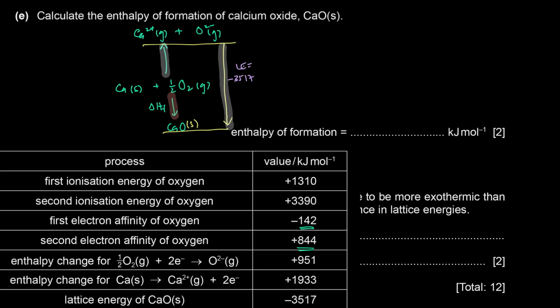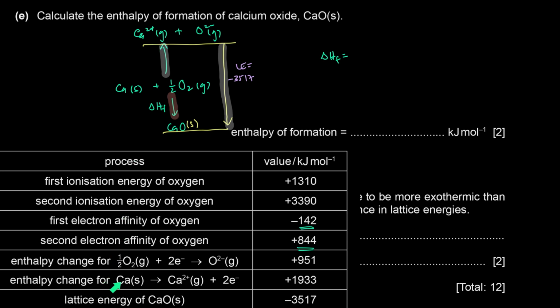So here we can say that the enthalpy of formation is equal to, if we want to convert this calcium into calcium 2 plus ions, we first need to atomize the calcium to form gaseous atoms, and then we need to ionize the calcium to form calcium 2 plus ions.